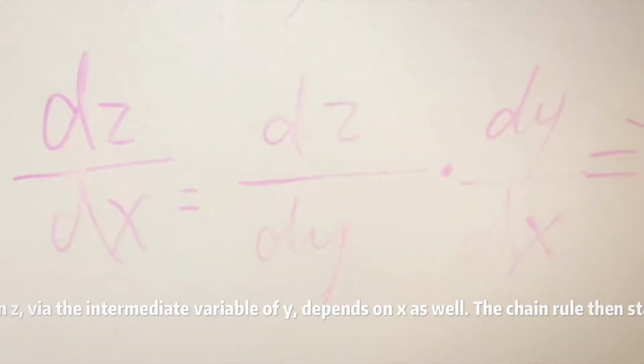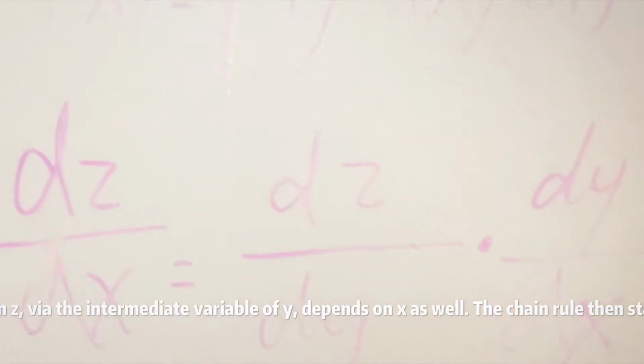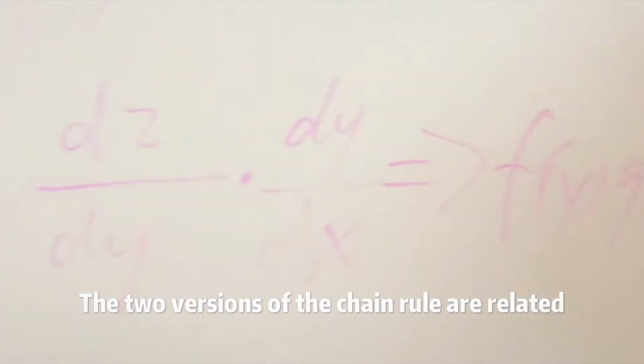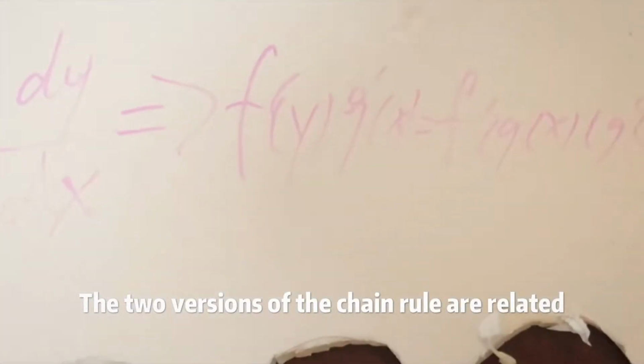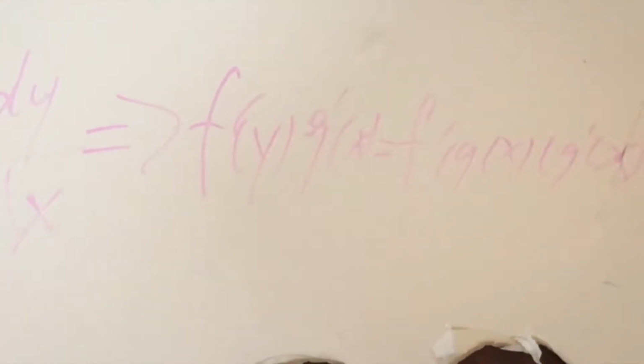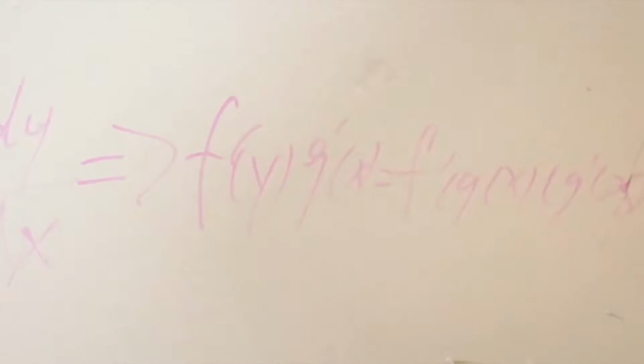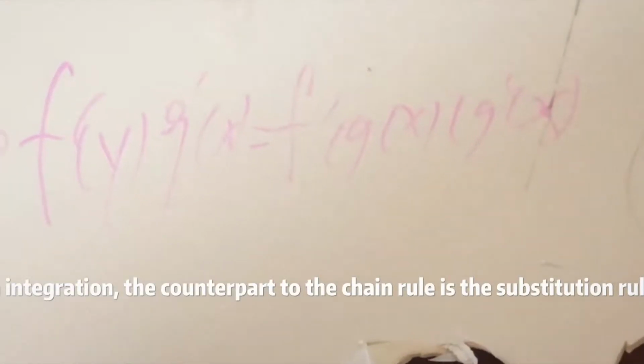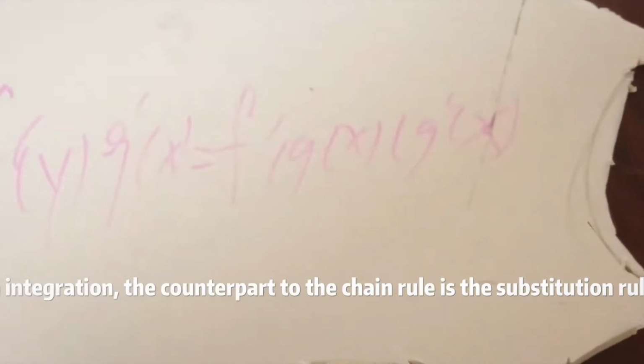The chain rule then states like this. The two versions of the chain rule are related. If z equals f of y, and if y equals g of x, then we will get this equation. In integration, the counterpart to the chain rule is the substitution rule.